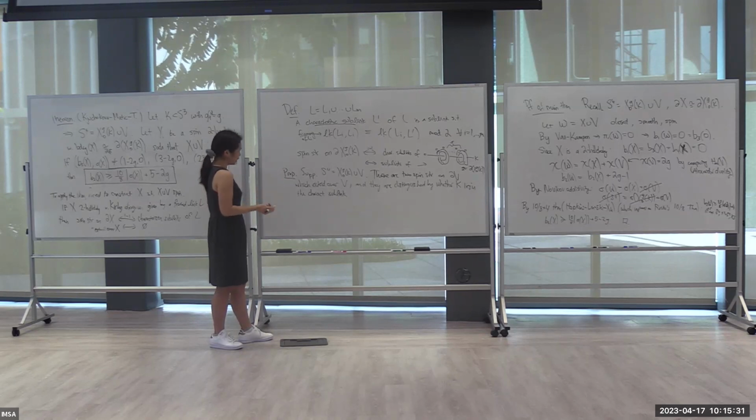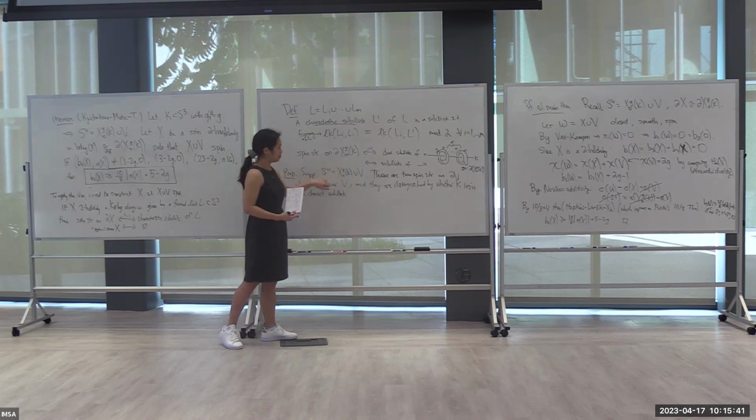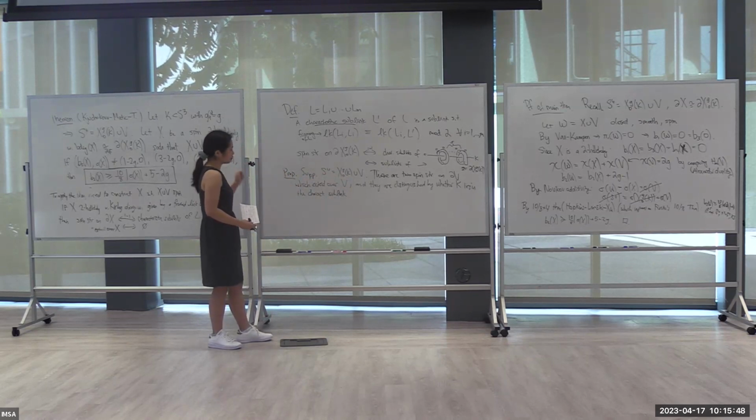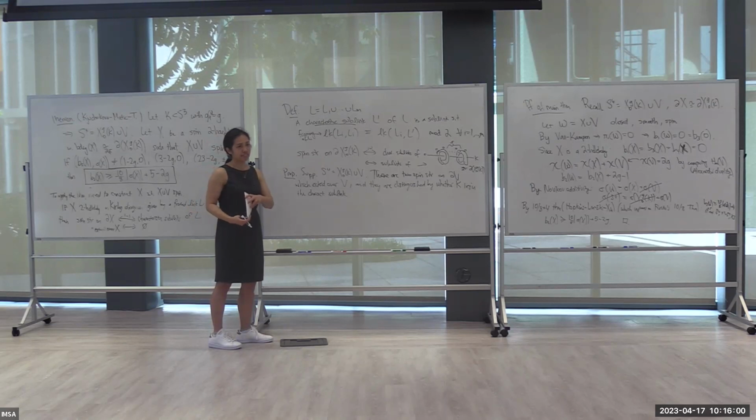Great. So this manifold V depends on whether it embeds into S4. For us, when we're applying this theorem, we want to do a proof by contradiction, so we're not actually going to be working with the manifold V explicitly.